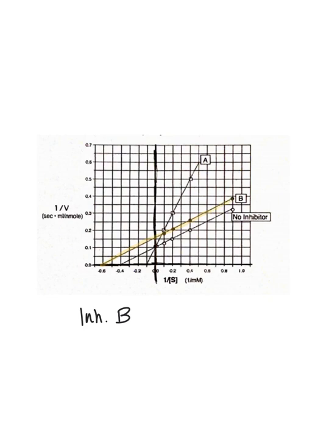And so we look and see that both the y-intercept and the x-intercept have changed in the presence of this inhibitor. So Vmax and Km have changed.